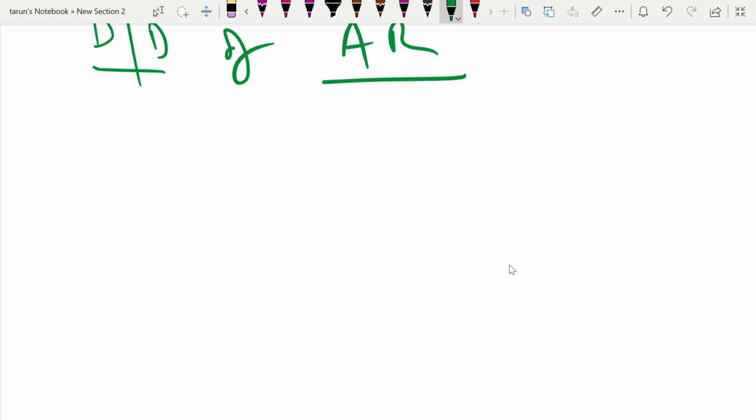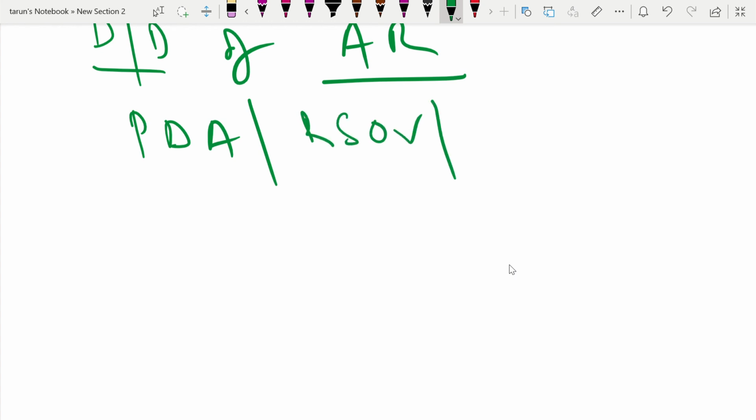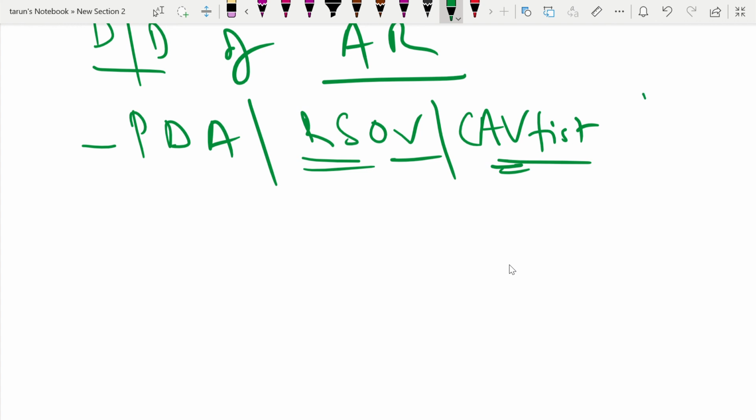So the differentials are PDA, rupture of the sinus of Valsalva, and coronary AV fistulas. These are the differential diagnoses because they produce wide pulse pressure, and they are known for continuous murmur.